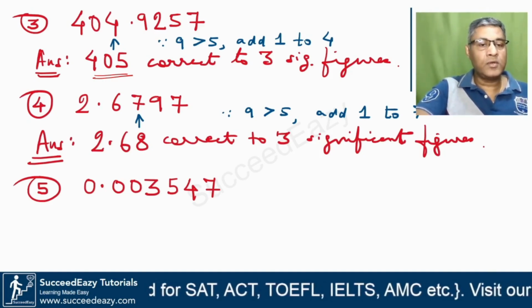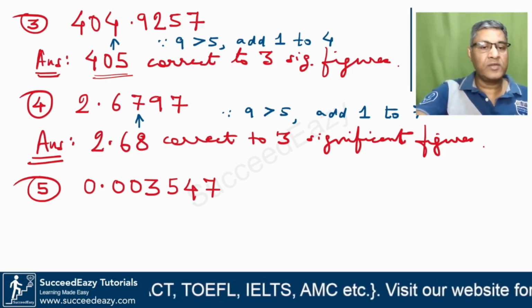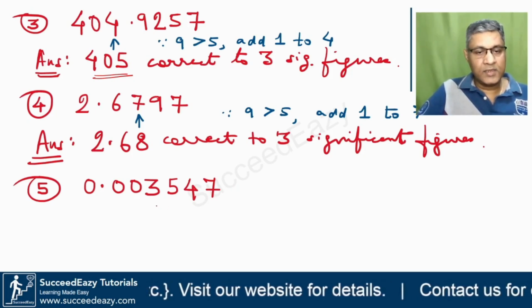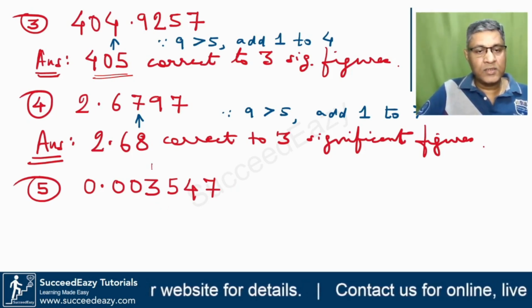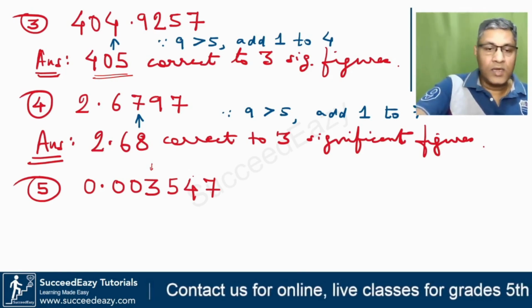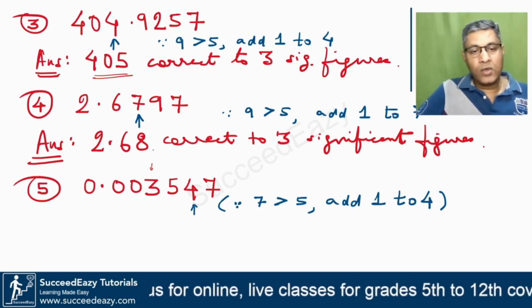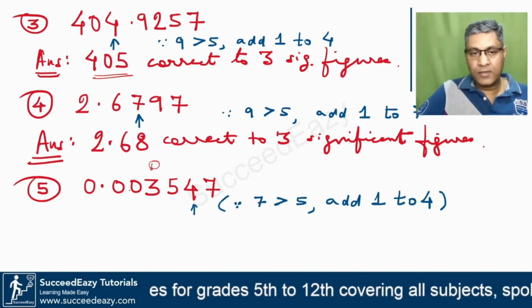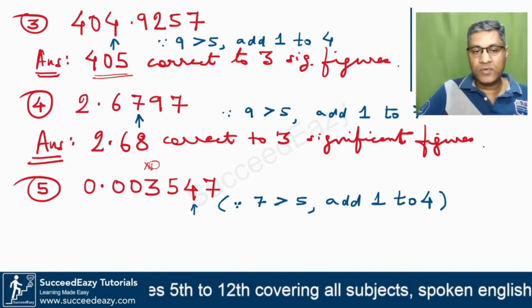0.003547. Now remember, the third significant figure here is what? Guess. Is it this 3, or is it anything else? All right, let me answer that. It is not this 3. Do not count the leading zeros. It will be incorrect if you do.